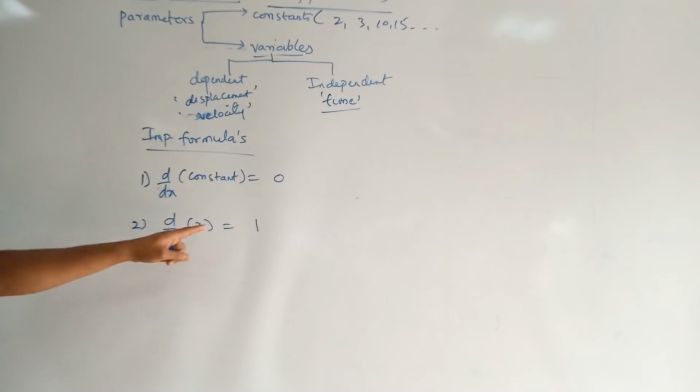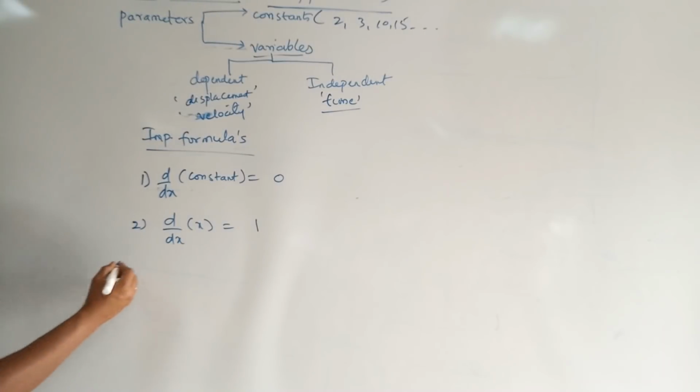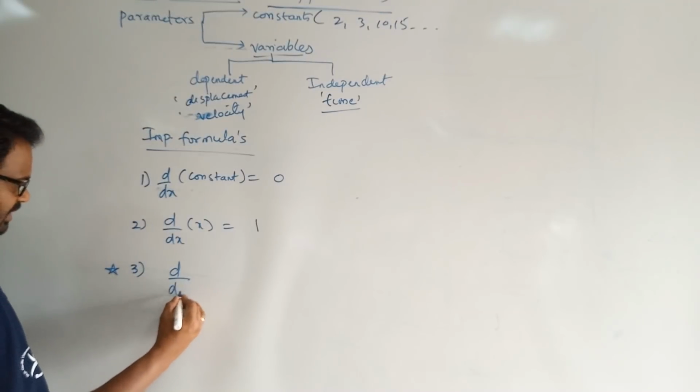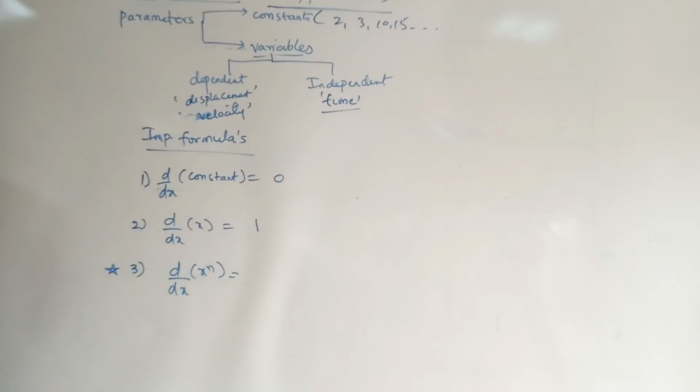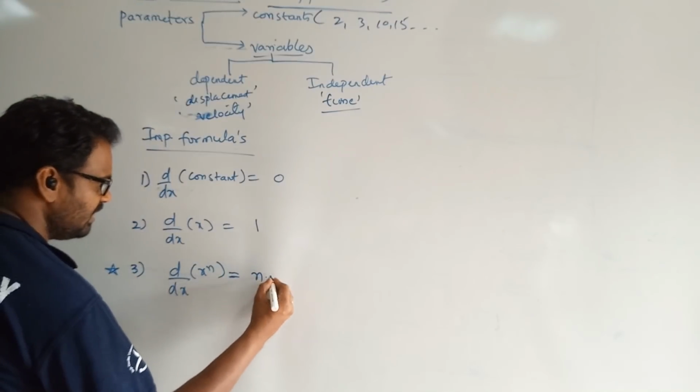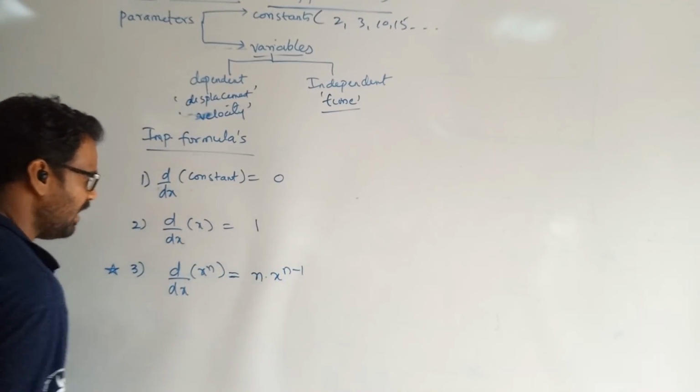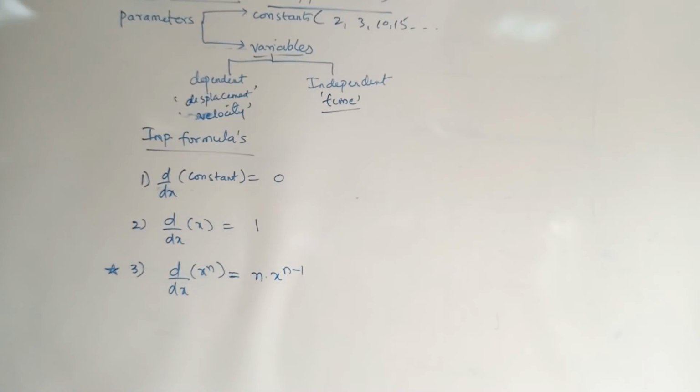Differentiation of x with respect to x gives rise to 1. Third important formula, from which you can derive all the formulas: d by dx of x to the power of n is n into x to the power of n minus 1. If you know this, you can write some other formulas also.